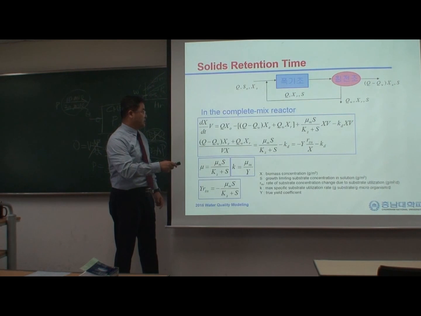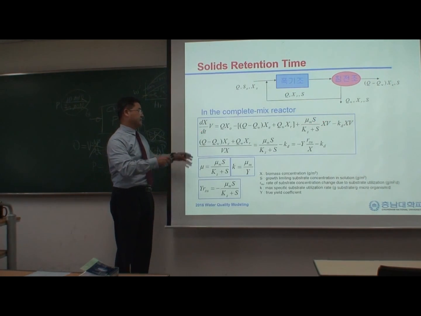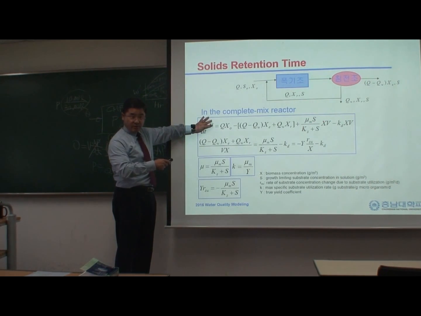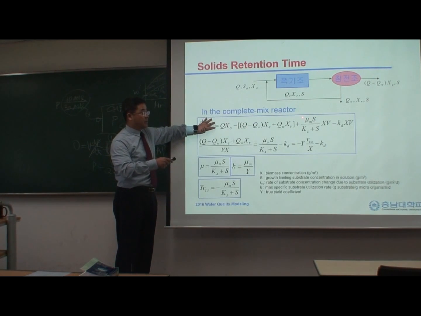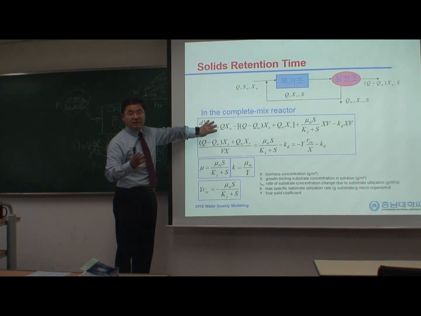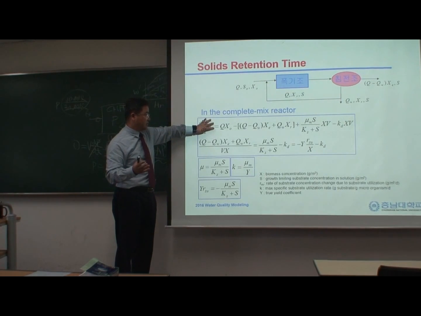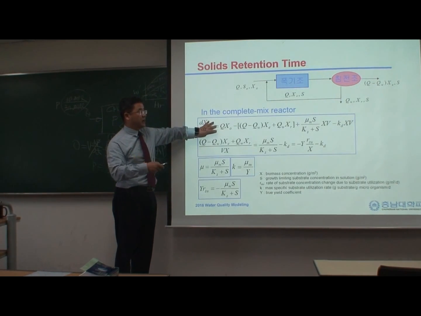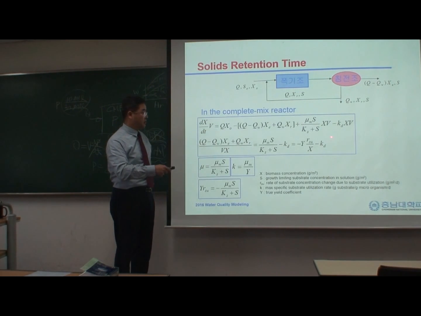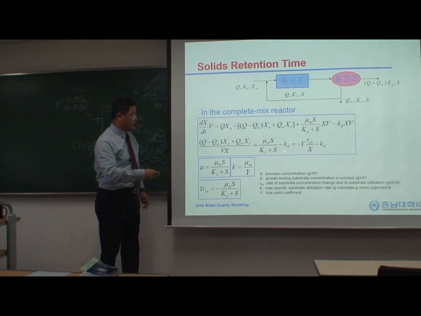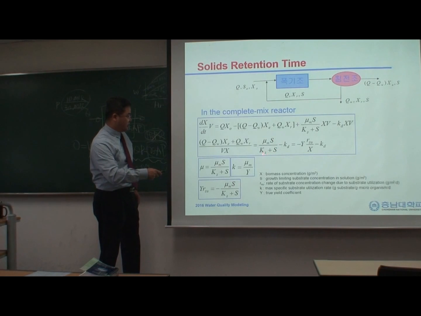Sometimes they can get eaten by other higher-level organisms. If you have steady state, then you have zero, and you can just play with that. But the problem is S is not constant, and to solve this one, you need the equation for S as well, but I'm not going to talk about that. Anyway, here we have mu, the growth rate, which can be this, and your K can be this.